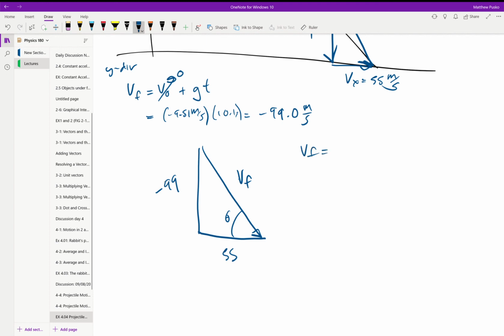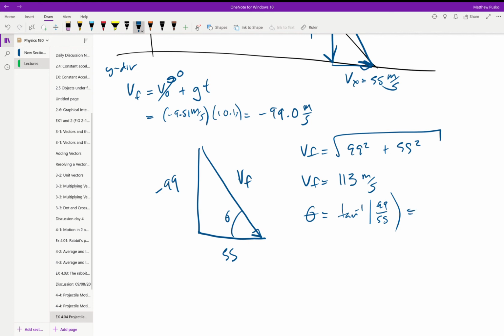The magnitude would be equal to the square root of 99 squared plus 55 squared. We end up getting 113 meters per second, and the angle that it hits would be equal to the tangent inverse of the opposite over the adjacent.